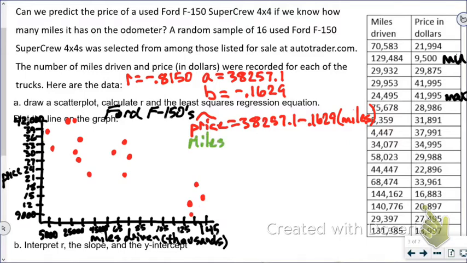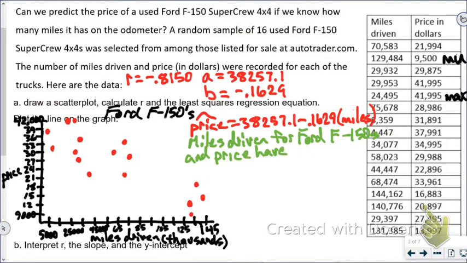miles driven for Ford F-150s and price have a negative, strong, linear relationship, or let's back up.